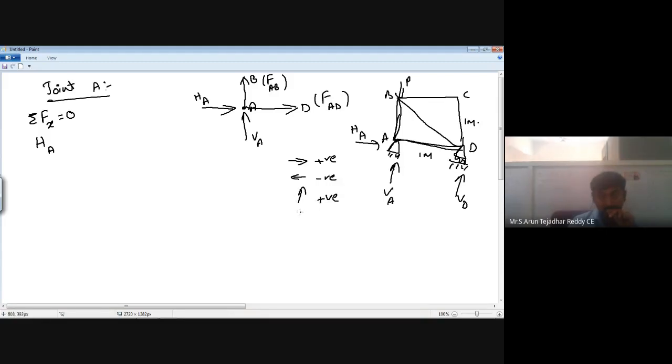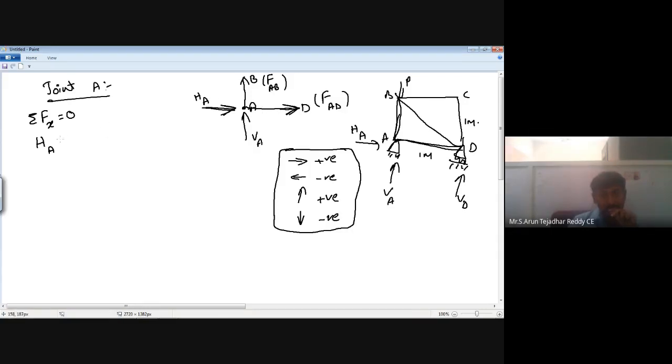Upward positive, downward negative. Don't confuse. And this is the right side direction, so positive. This is also the right side, so take both as positive.